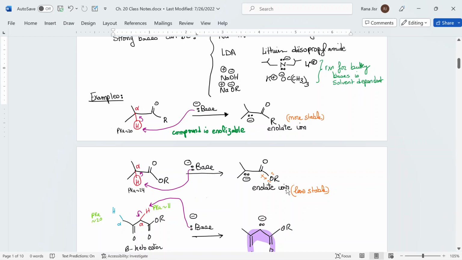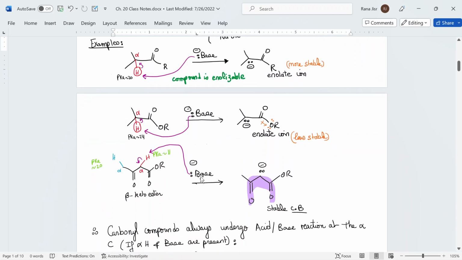So the enolate ion that I'm forming in here is going to be less stable than the enolate ion that I formed from the ketone. The reason why, because the alpha hydrogen of the ketone is more acidic than that of the ester. The base always takes the most acidic alpha hydrogen. Here I do have two types of alpha hydrogens, an alpha hydrogen of a ketone and an alpha hydrogen between two carbonyls.